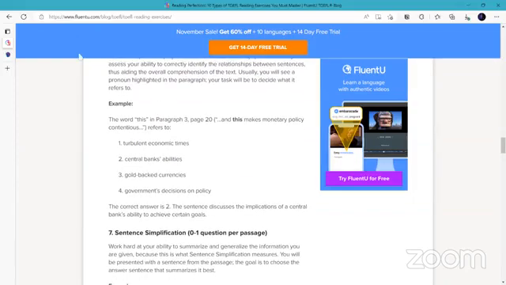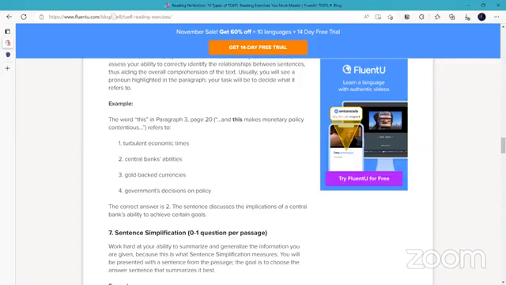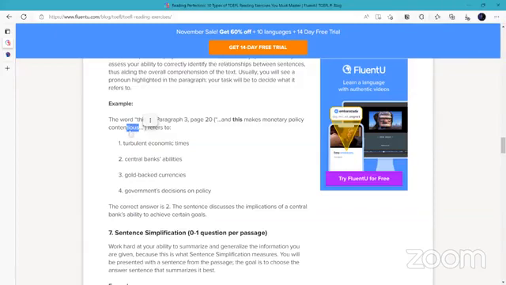Example: the word this in paragraph 3, page 20. "And this makes monetary policy contentious." When a word finishes in TIO or TIOUS, that should be pronounced shus.